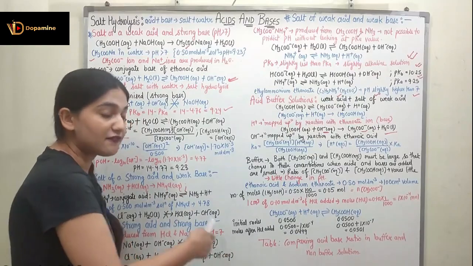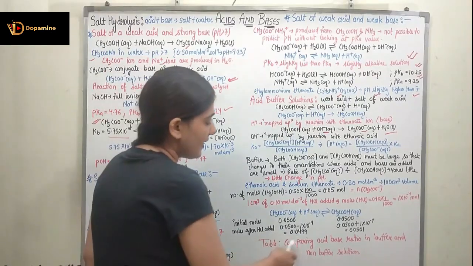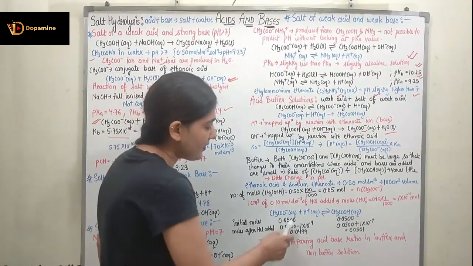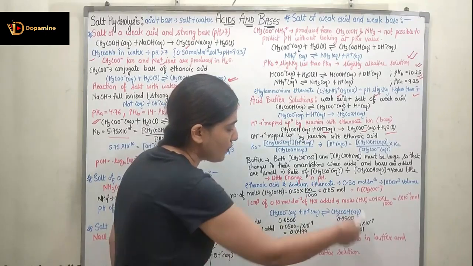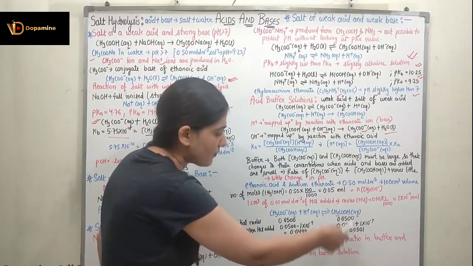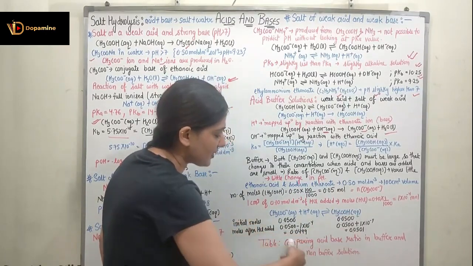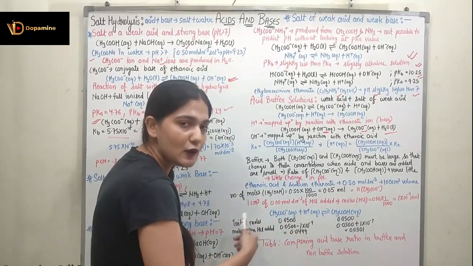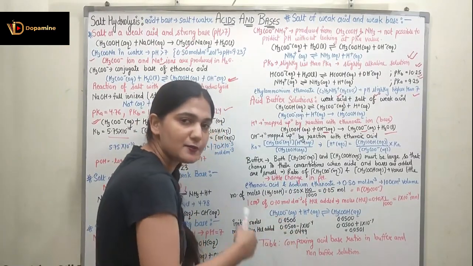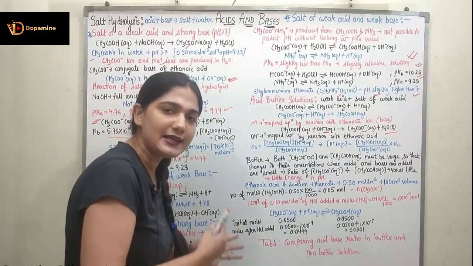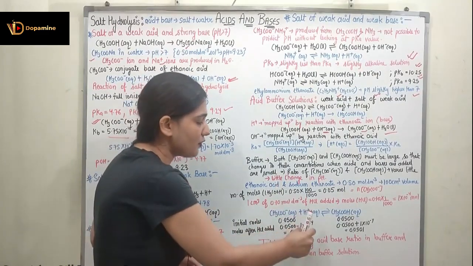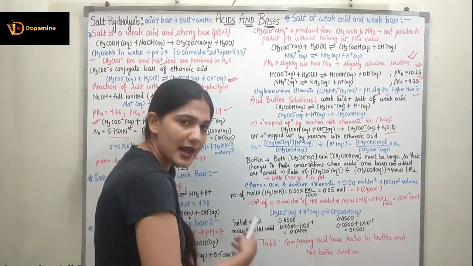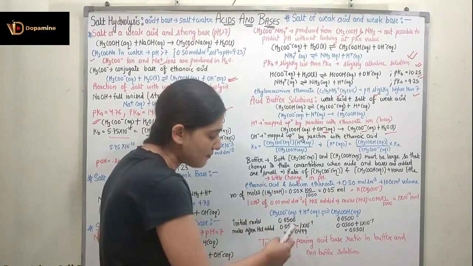Coming to the moles after addition of HCl, the equilibrium reaction will move in this direction, and I have to subtract the number of H positive ions, because HCl completely ionizes. So the number of moles of H positive will be the same as the number of moles of HCl we have taken.